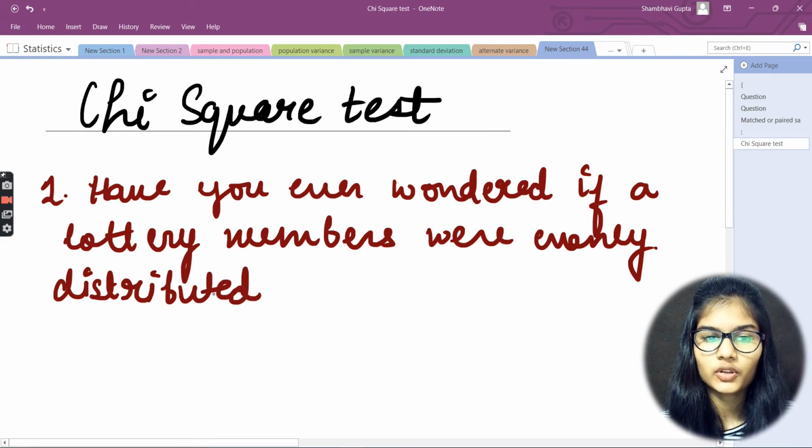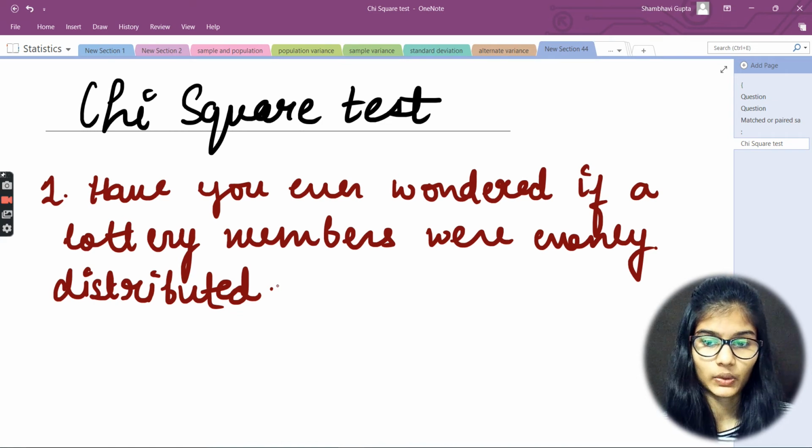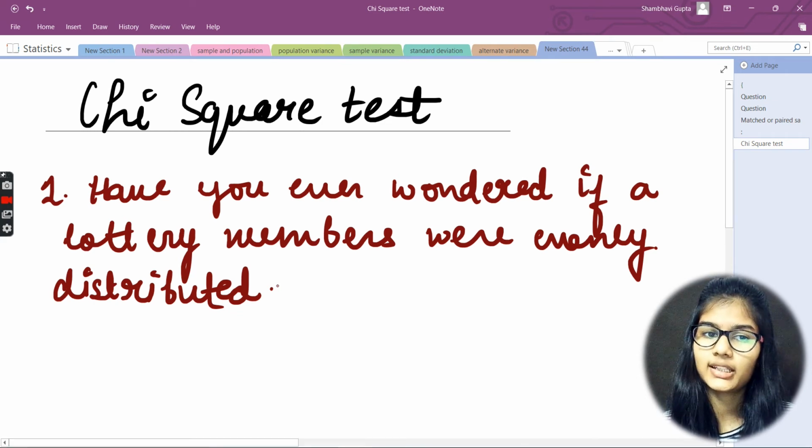Did you ever think about what if the lottery numbers were all simply evenly distributed? Then what could actually happen, or what could actually occur? This is one of the wonderings which you should pay attention to.